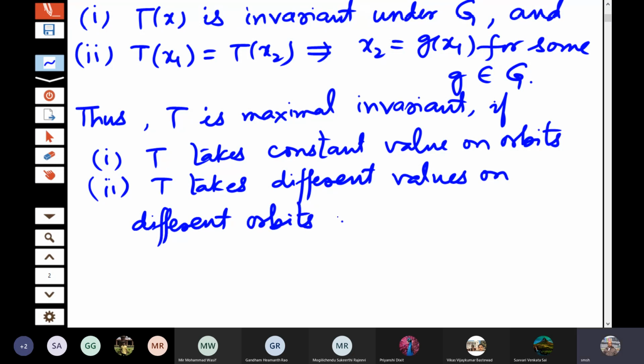So like minimal sufficiency, this is something like a maximal concept. There are invariant functions; what is maximal in that particular group, with respect to that group and with respect to a given space of values, which we call the sample space. I hope this statement of the definition of the maximal invariant is clear.